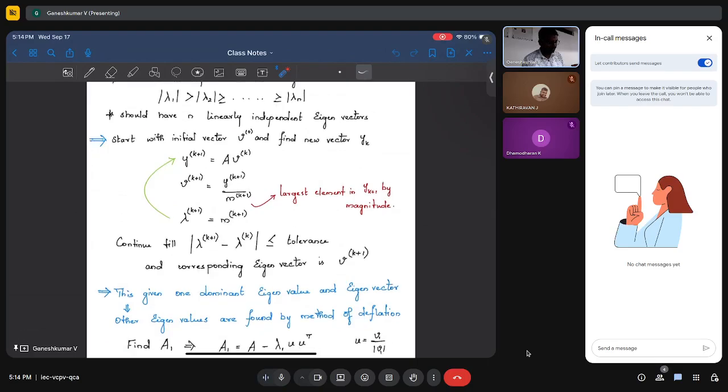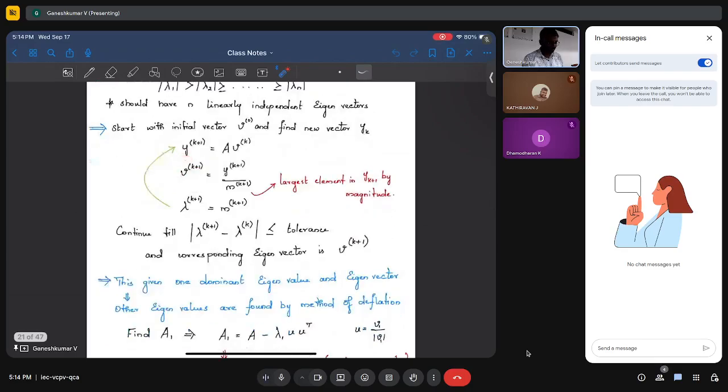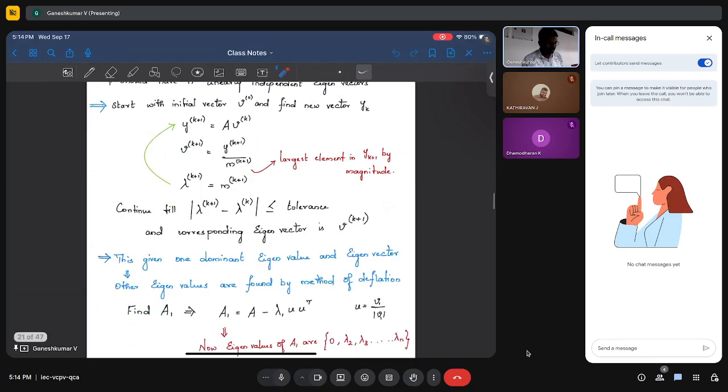We choose an initial vector v of 0 and multiply with A, and that will give you y. You find the largest value of y, divide the entire y by that largest element, and that will give you your new eigenvector.